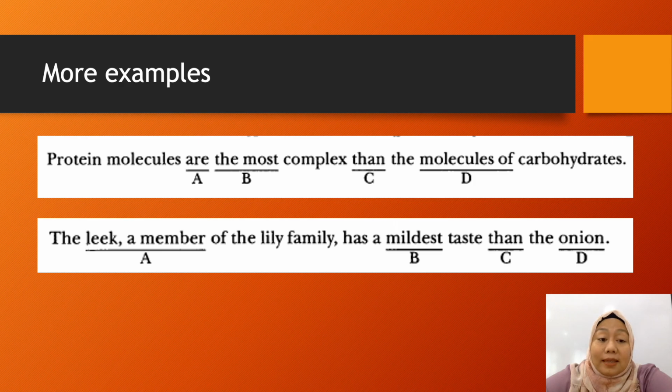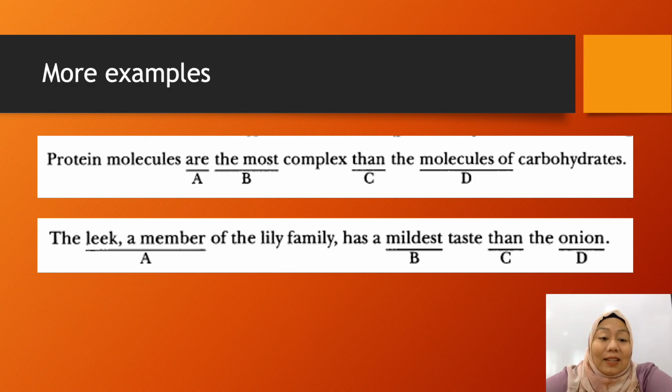If we see here, we compare two things, which are protein molecules and molecules of carbohydrates. And we have "the most" and "than", which cannot be together. Because we compare two things, it should not be "the most" but "more". So what makes this sentence incorrect is B. It should be "more complex than".